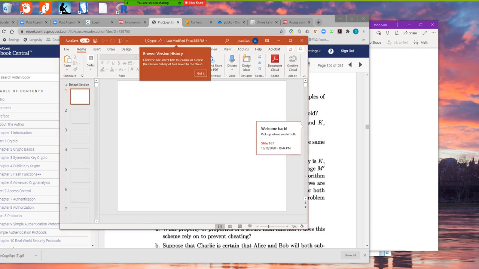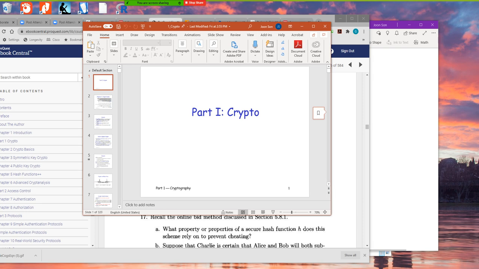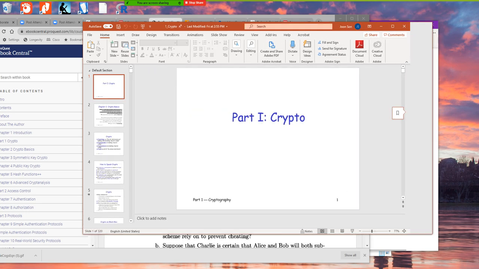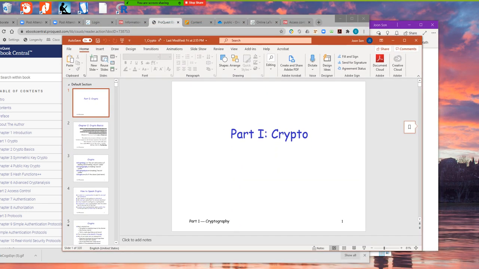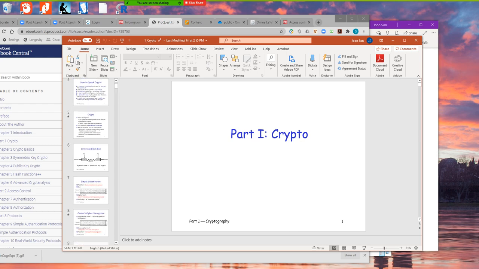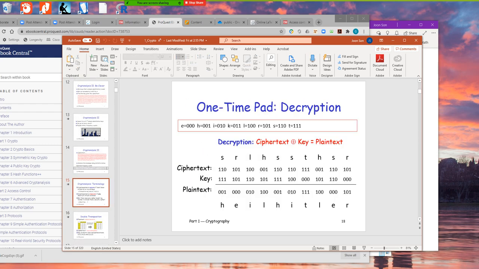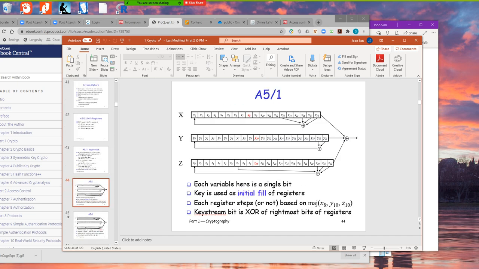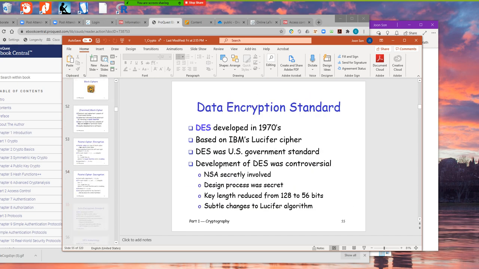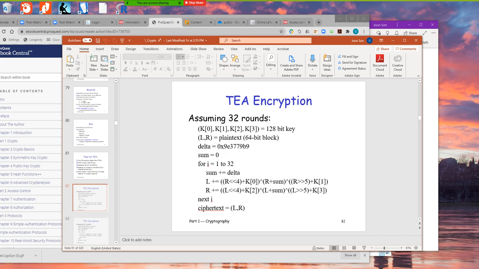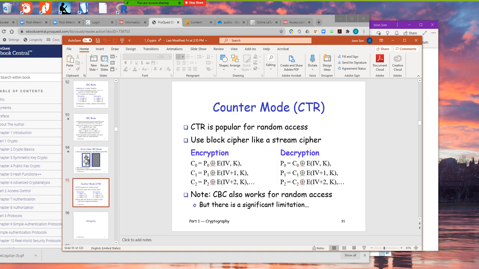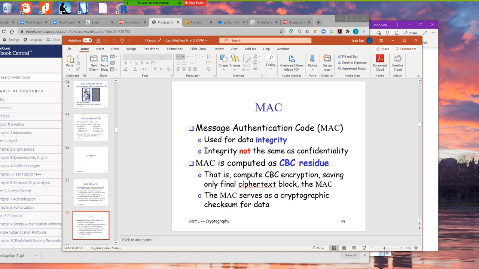Okay, you can be confused because when they say MAC, they are talking about the MAC that we learned in chapter 3. In chapter 3, we learned about the MAC. Yes, this is what they're talking about. But the paper, where is the paper?